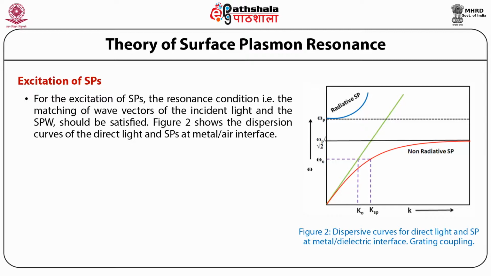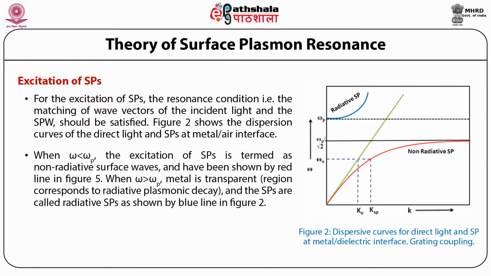This figure shows the dispersion curves of the direct light and surface plasmons at a metal-air interface. In the dispersion curve, only the real part of the wave vector is shown, and the decaying nature of the surface wave along the x direction has been neglected.